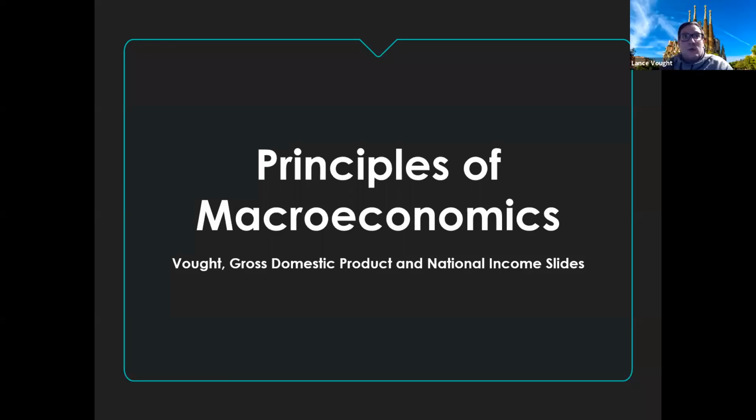So this is the point in the course in which we're going to transition away from specifically talking about information that is common amongst both principles courses that you may take, like principles of macro or principles of micro.